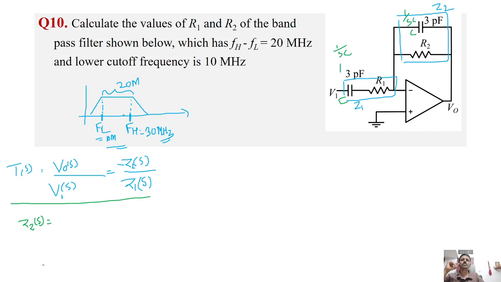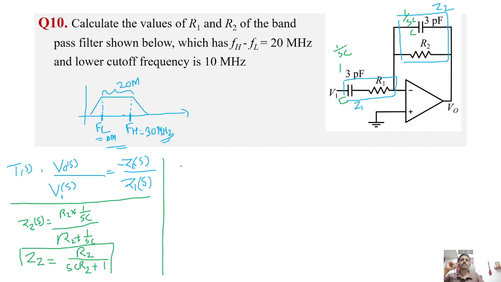So Z2 of S will be the parallel combination: R2 into 1 by SC, divided by R2 plus 1 by SC. That will be the net impedance Z2 of S. On rearranging we'll get Z2 of S equal to R2 by (SC R2 plus 1). So this will be Z2 in the S domain.